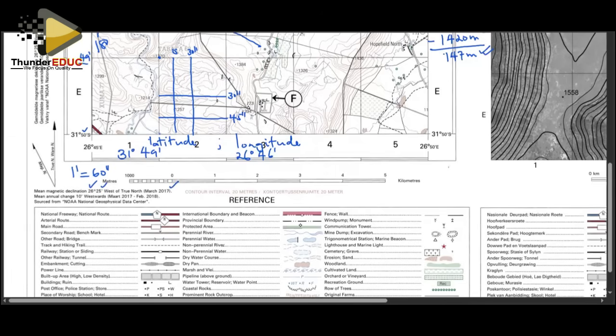Remember, for places in South Africa here, our mean magnetic declination is always to the west of true north, which means this angle will keep on increasing. So for 2024, it means it's going to be greater because it's increasing by 10 minutes every year. So from 2017 to 2024, they are increasing by 10 minutes for every year.